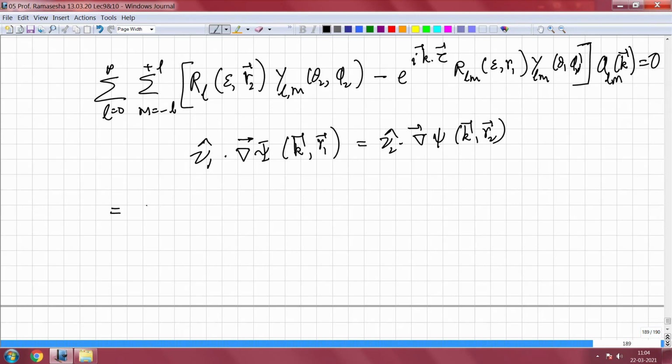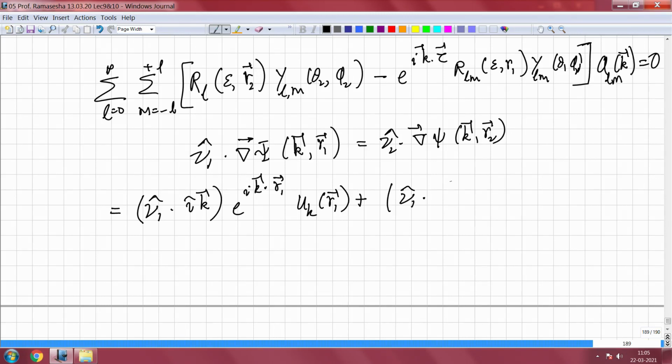So this one is nu 1 dot i k times e to the i k dot r1 times u k r1 plus nu 1 dot grad u k r1 times e to the i k dot r1.